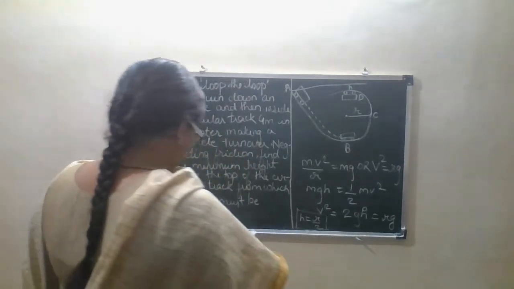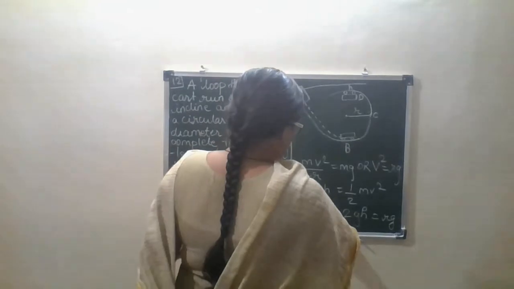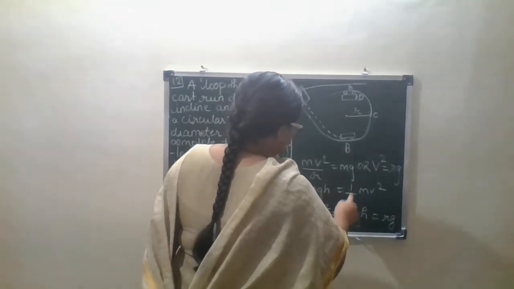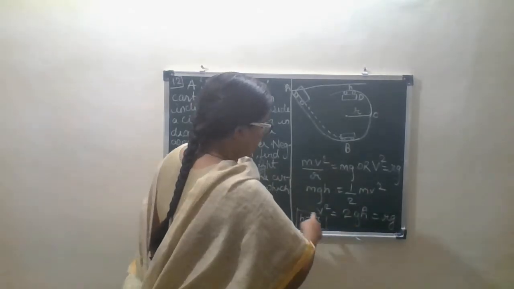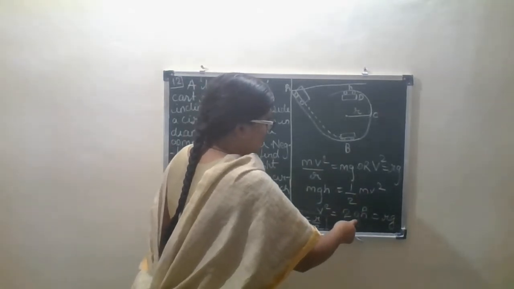Then this mgh is equal to 1 by 2 mv square. Then v square is equal to twice gh.